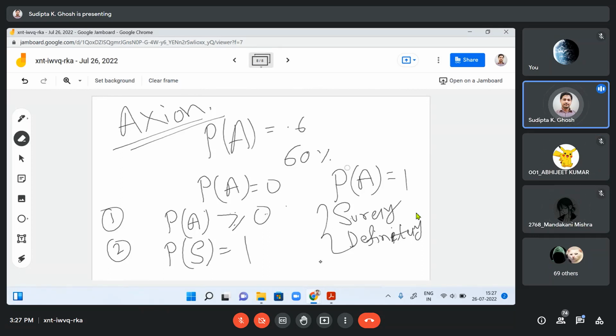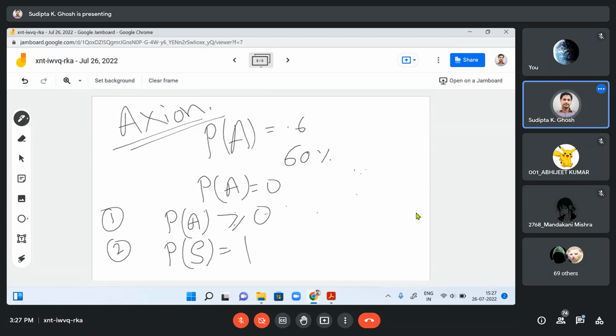Axiom number 3 that I am writing here. Suppose A1, A2, A3, and so on, many events.